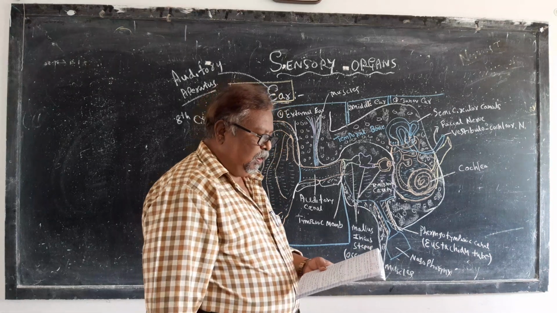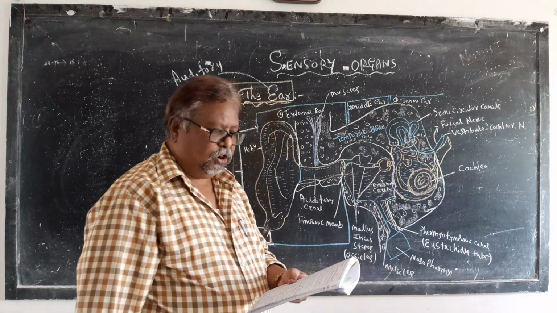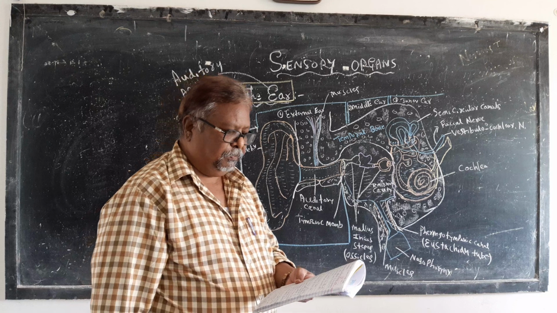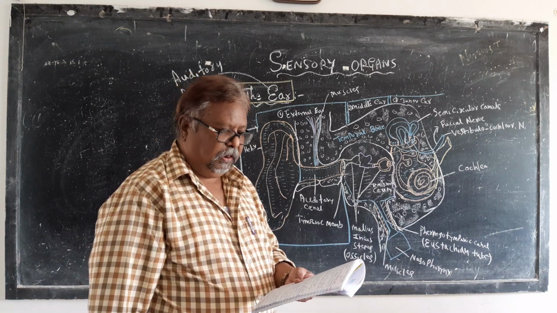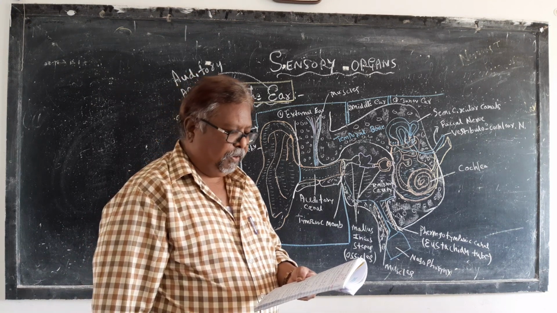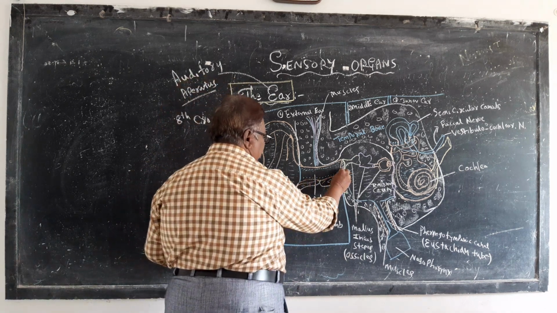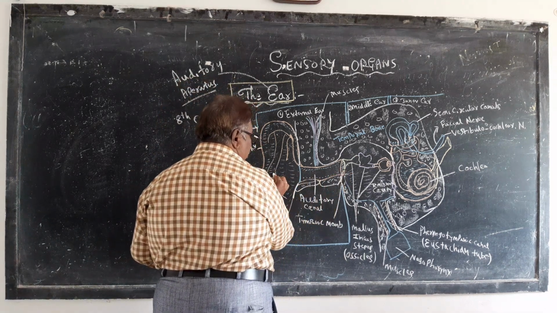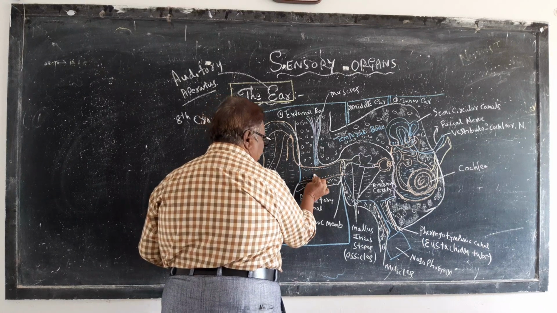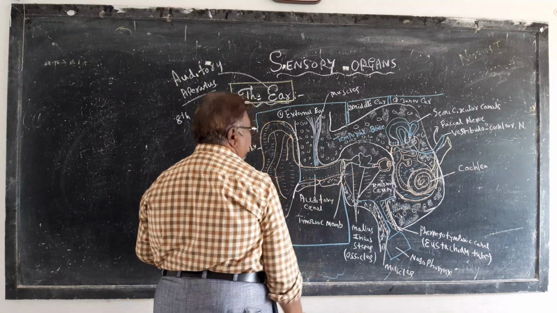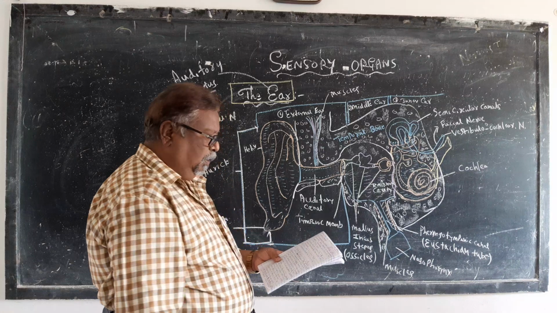Now coming to the external ear, it consists of the auricle, the auditory canal and the tympanic membrane. This is the auditory canal and this is the tympanic membrane.